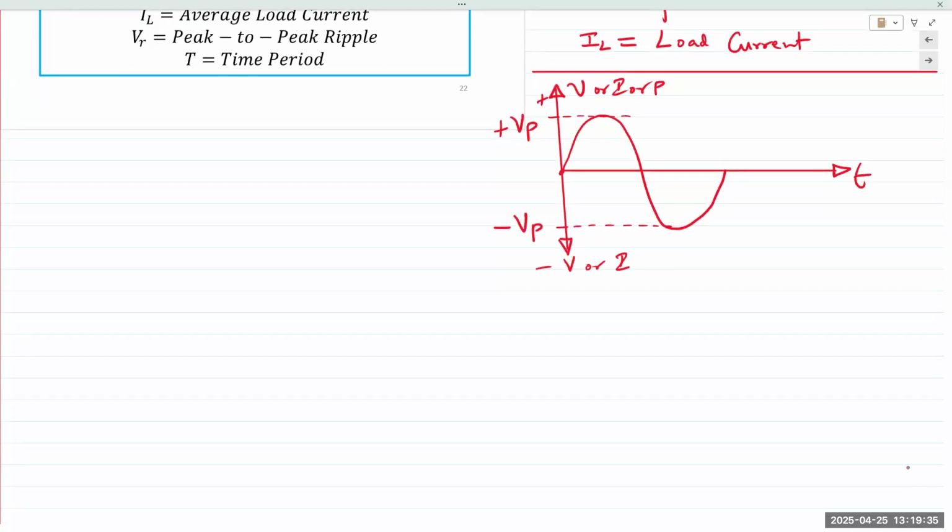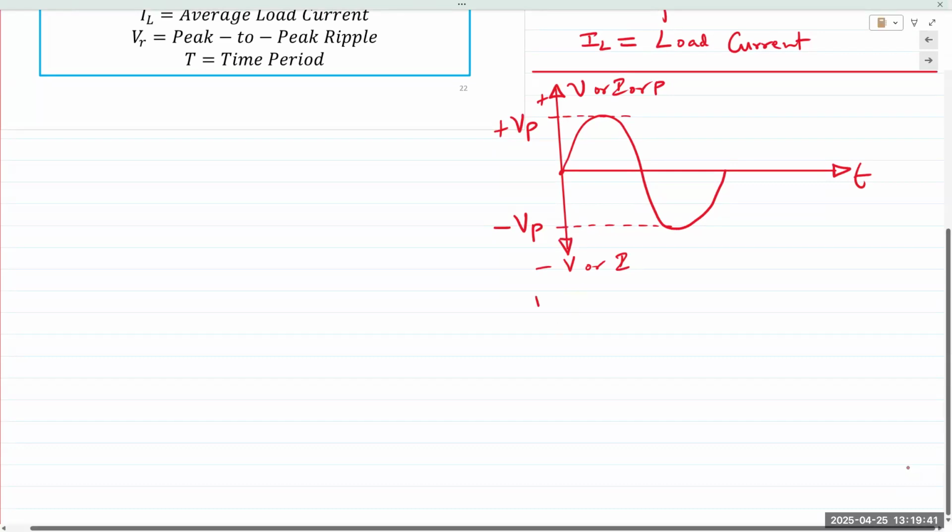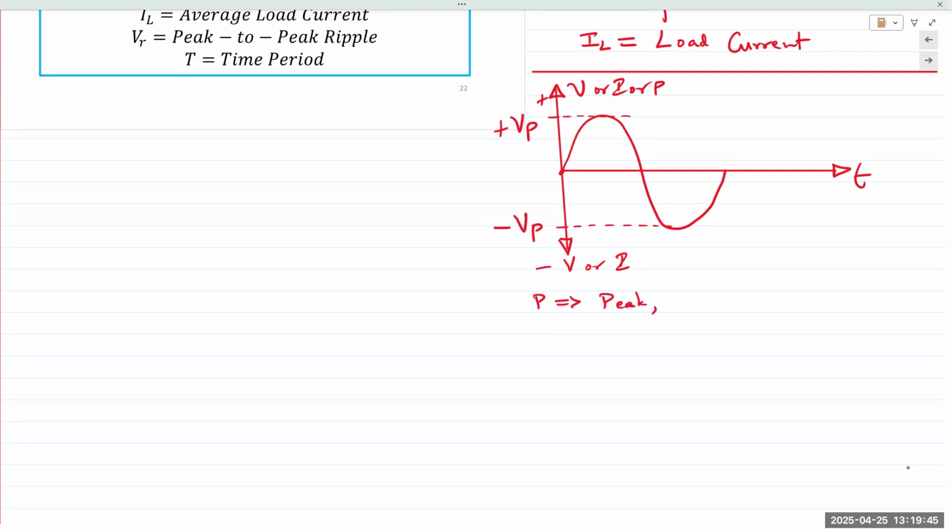All right, so we have VP. VP stands for peak or magnitude or amplitude. In higher level E classes, we often use the term amplitude. Amplitude means the exact same thing as peak values. It's basically the quantity on the y-axis.